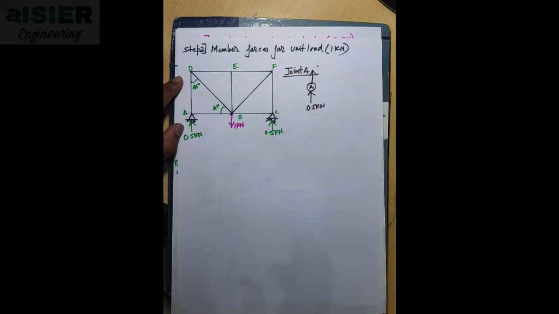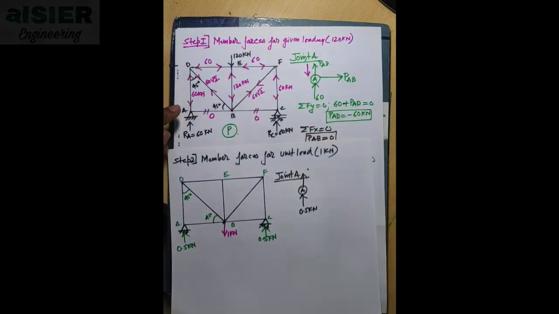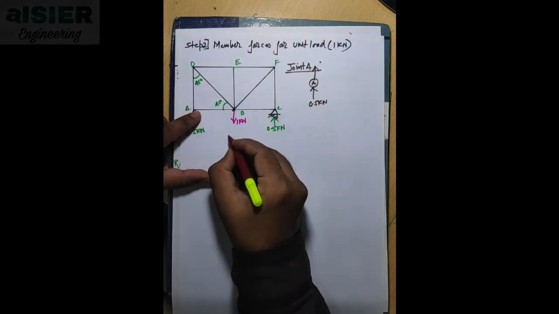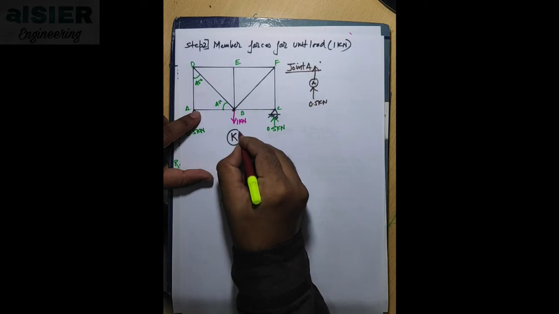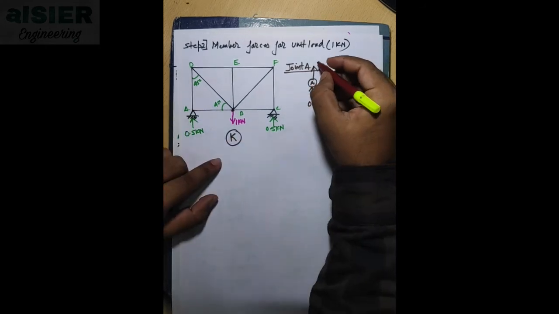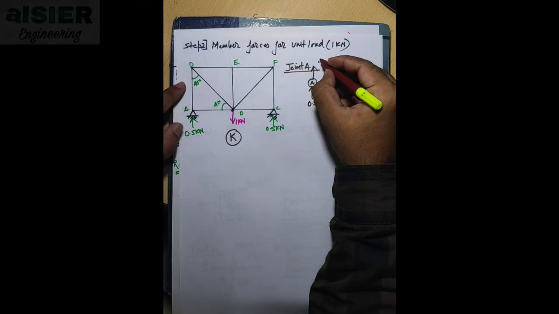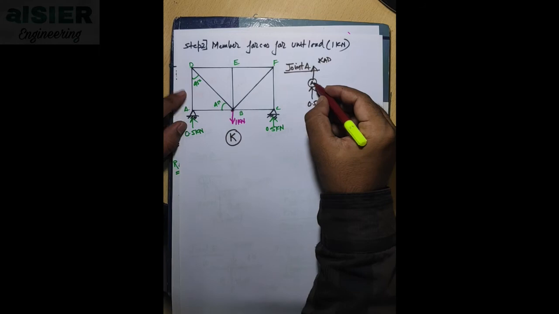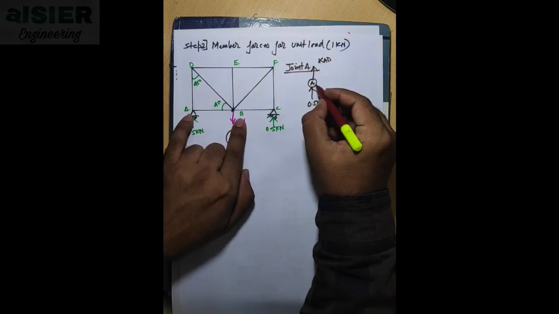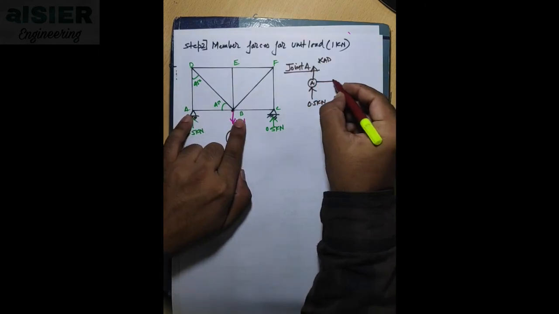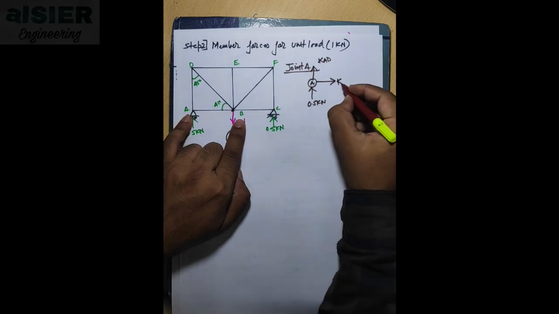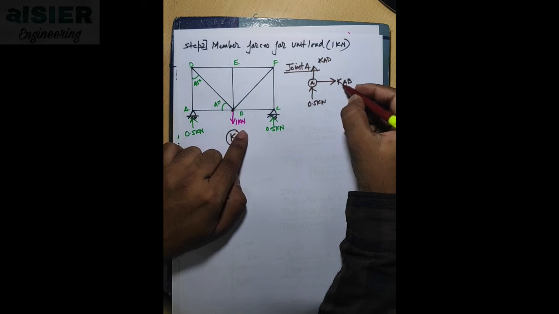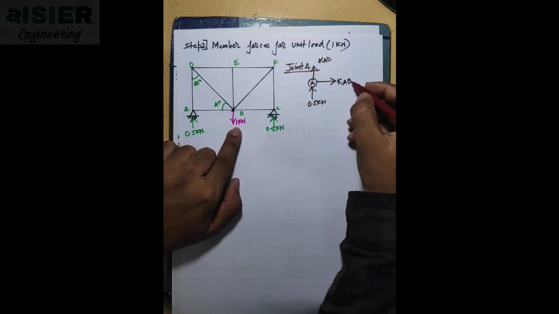Now here we have to take care that we have given the name P diagram to the earlier diagram, so here we will give the name K diagram to this one. So we will consider that force in this member AD is KAD, and let us take this as away from the joint and name it as KAD. Force due to, or member forces due to unit load. K stands for member forces due to unit load.